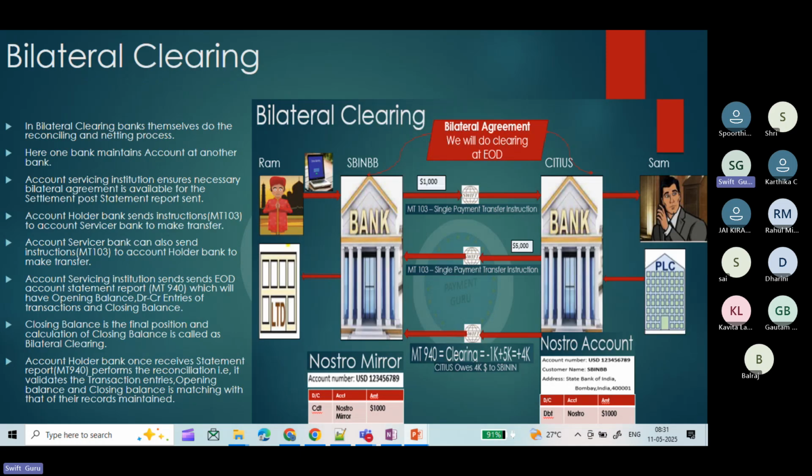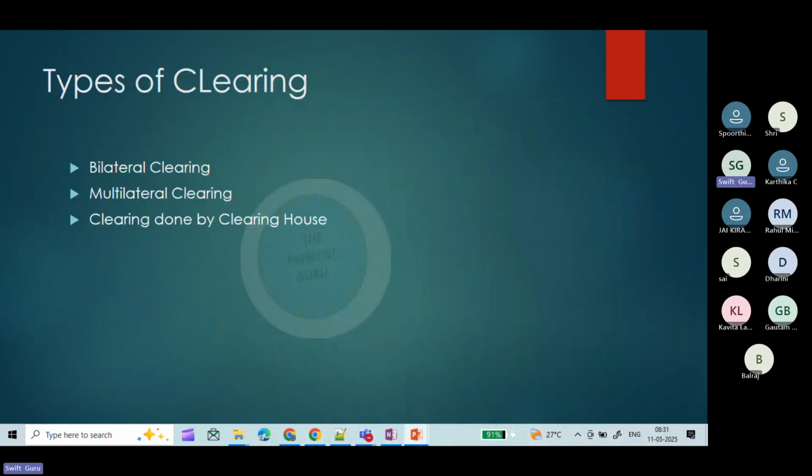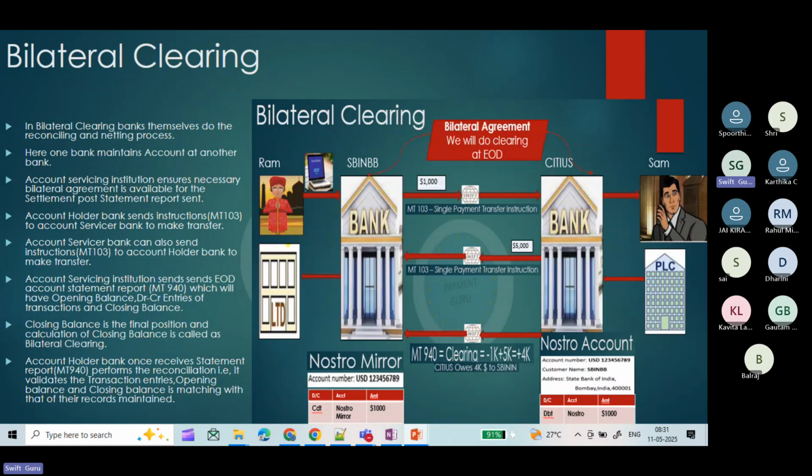So I've taken an example here of a bilateral clearing. In bilateral clearing, first of all, there won't be any third party who will do the netting between the banks. In this example, State Bank of India is holding an account at CTS Bank.